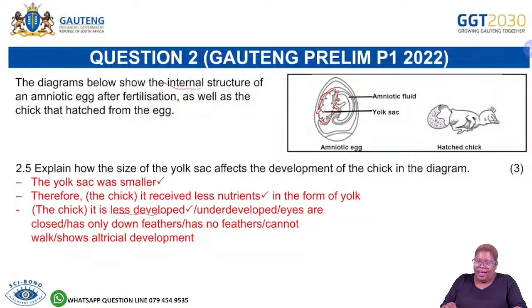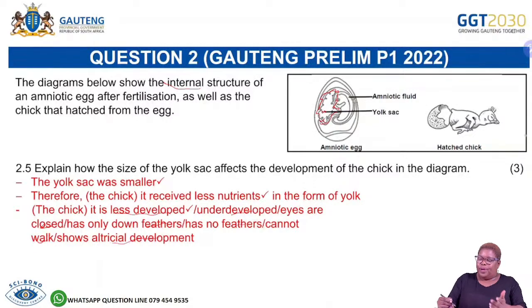It's smaller, it is underdeveloped, eyes are closed, or it has only down feathers, has no feathers, cannot walk, it shows altricial development.